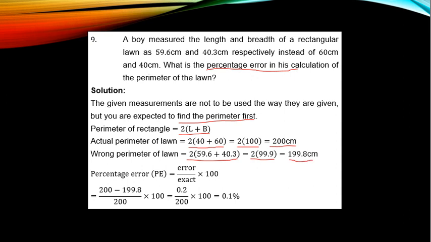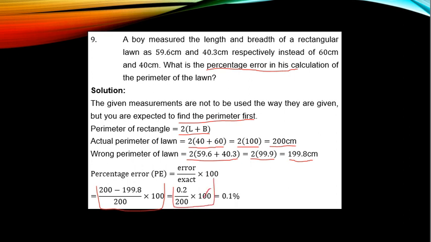So percentage error is the difference between the actual and the error over actual times 100. That is 200 minus 199.8 over 200 times 100. When subtracted, you have 0.2 over 200 times 100.